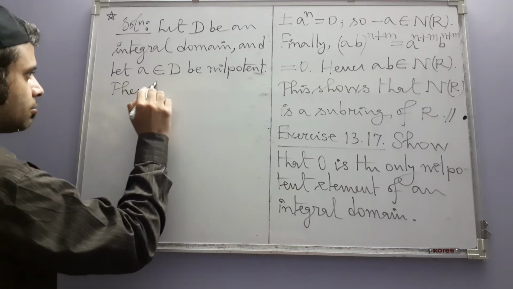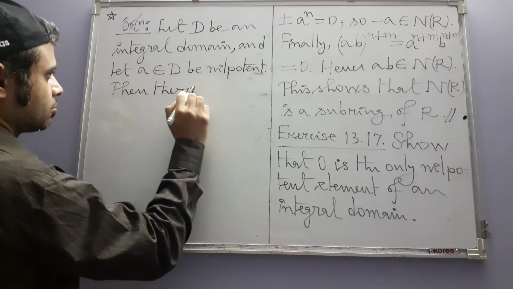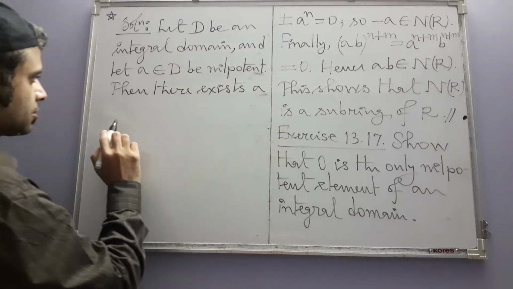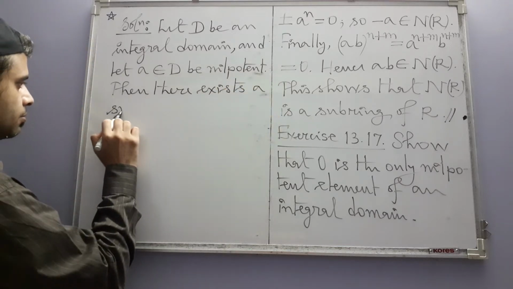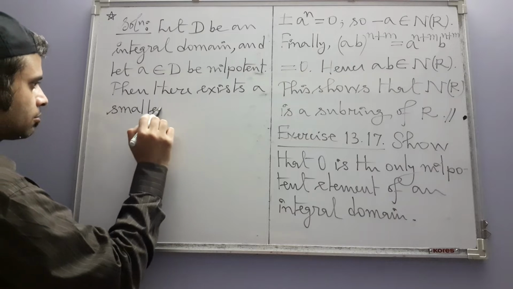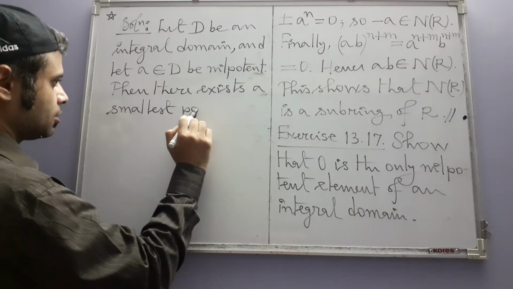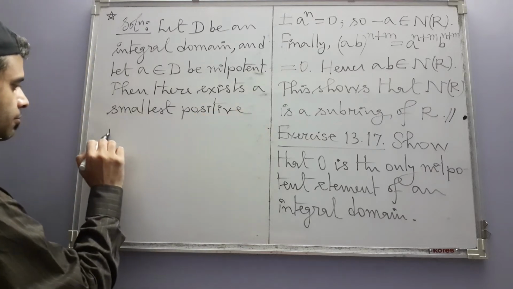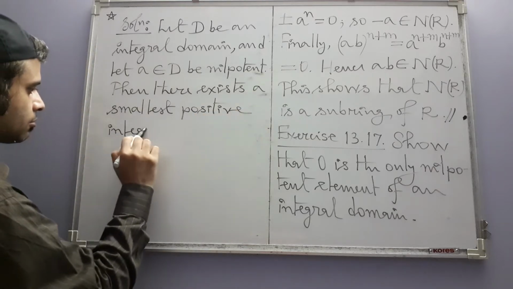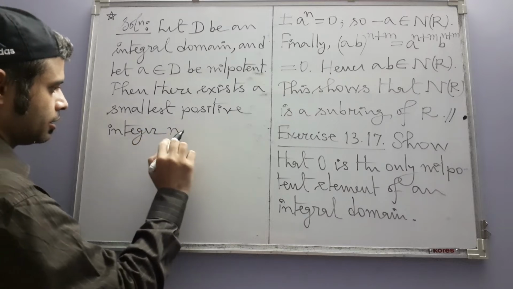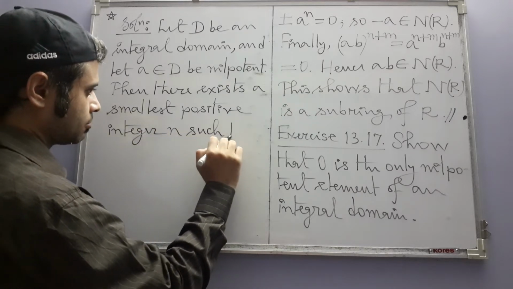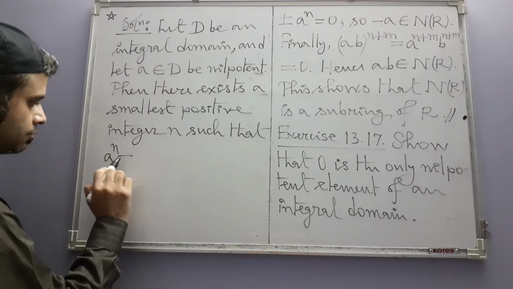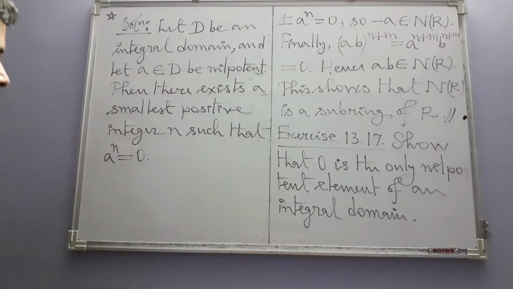Then there exists, again just like before, a smallest positive integer n such that the nth power of A equals 0.